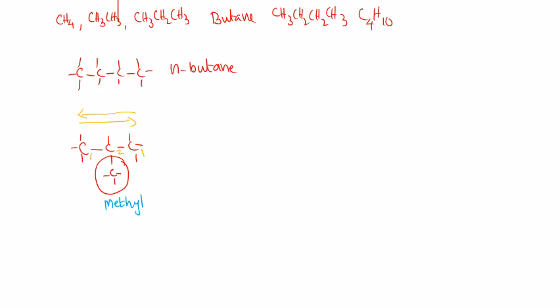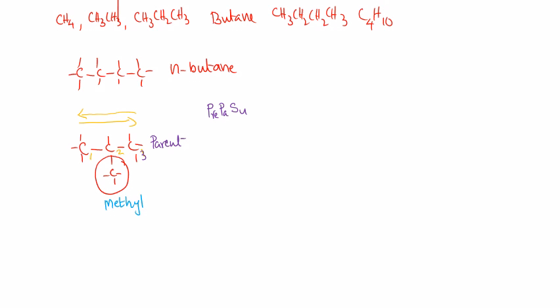So now how are we going to name this one? The parent chain is here, the 1, 2, 3 carbon atoms. The order is first the prefix, then the parent chain, and then the suffix. The prefix is the substituent.